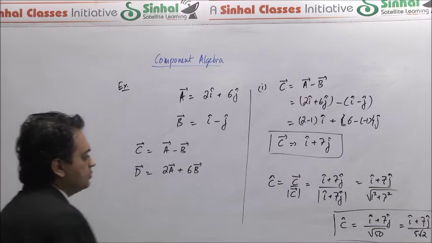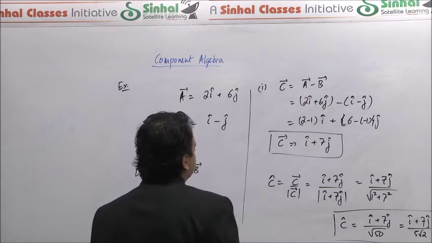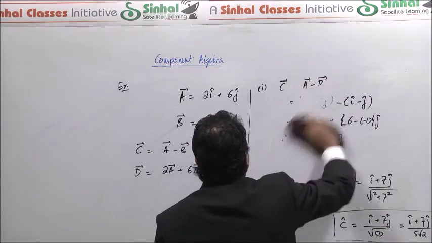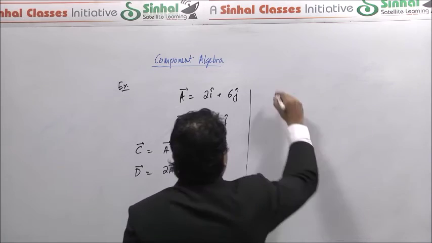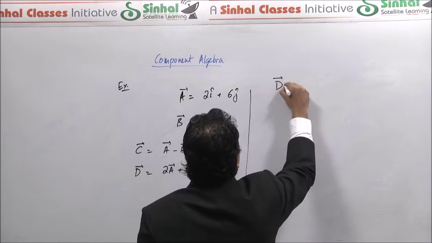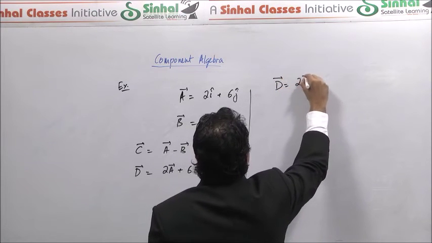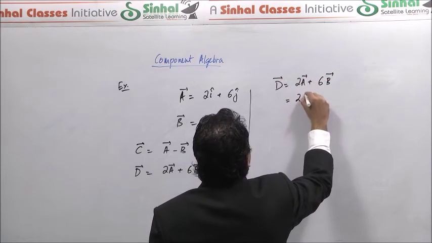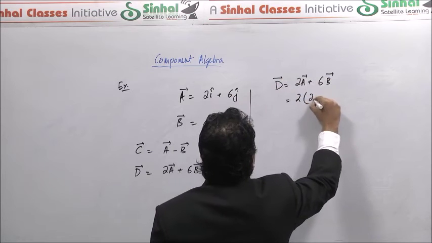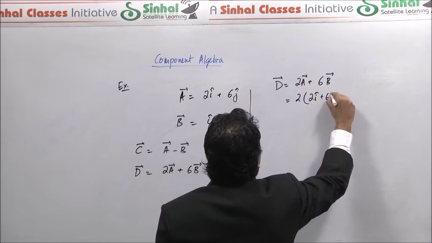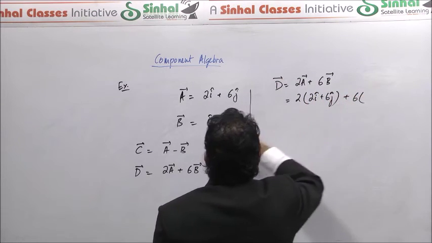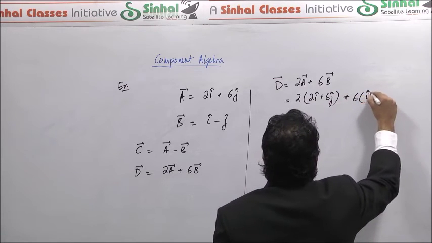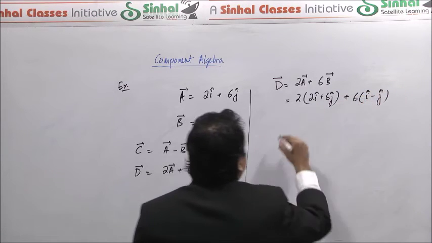Okay, next up, let's look at the second part, how to find the vector D. So the vector D is defined as 2a cap plus 6b cap. So that would be 2 times the vector A, which is expressed as 2i cap plus 6j cap, plus 6 times the vector B, which is expressed as i cap minus j cap.